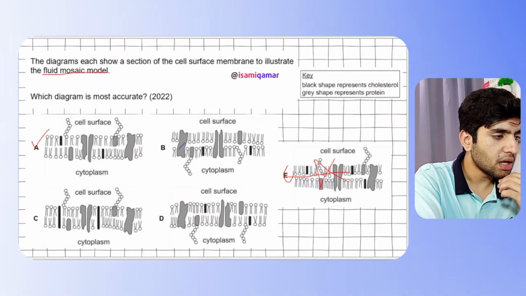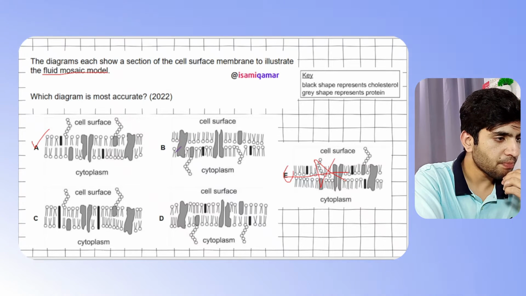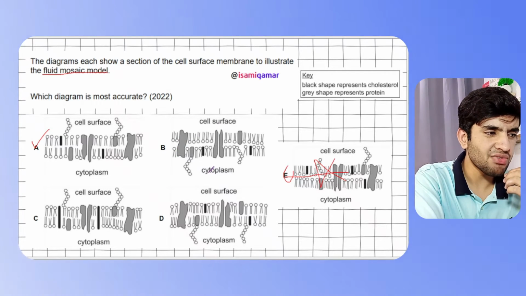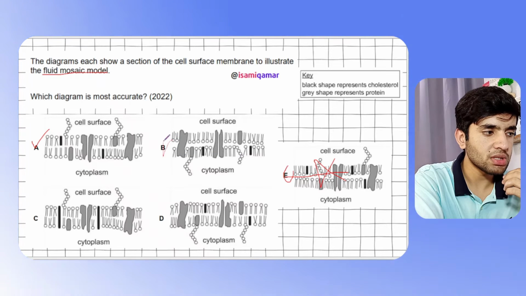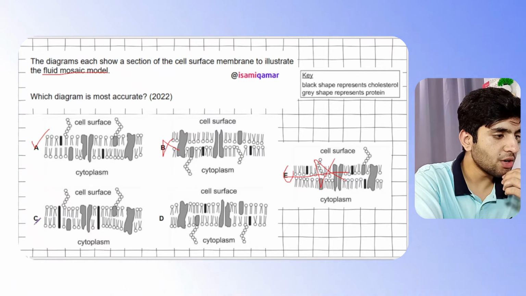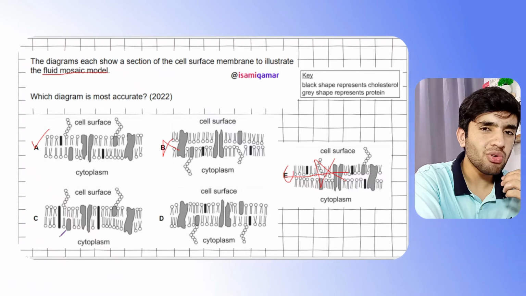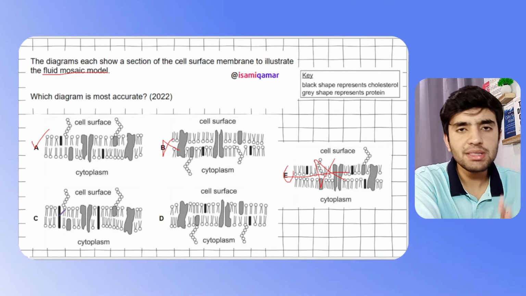In the next option, the glycolipids or glycoproteins lie inside, so this goes wrong. And then in option C we have got cholesterol. Cholesterol can't go from inside to outside.